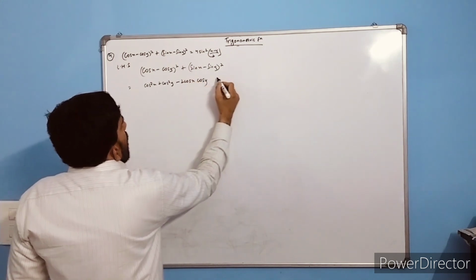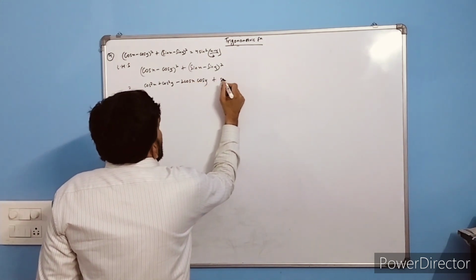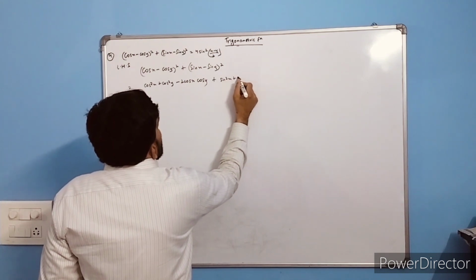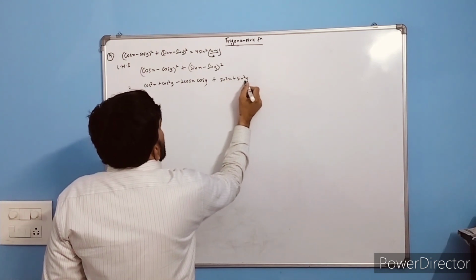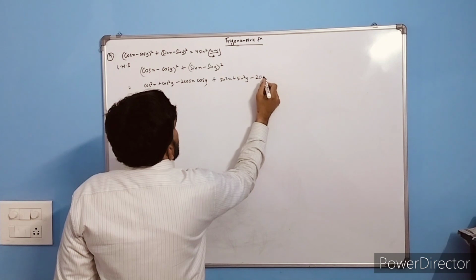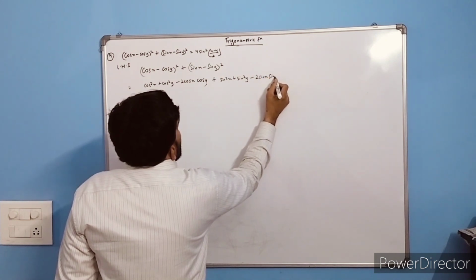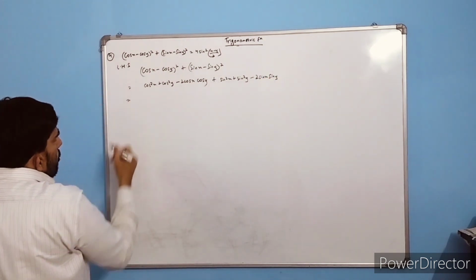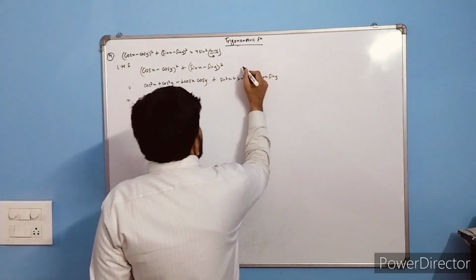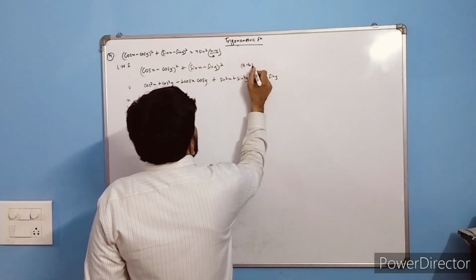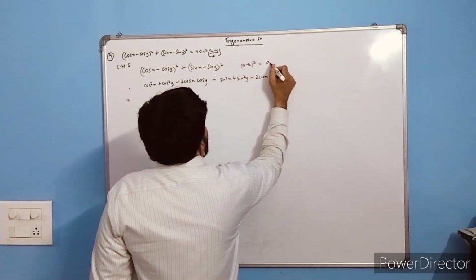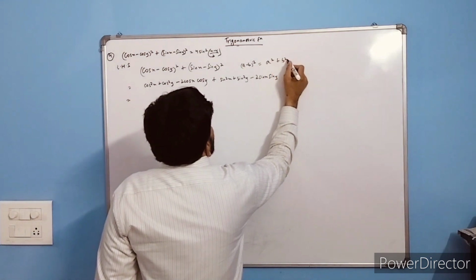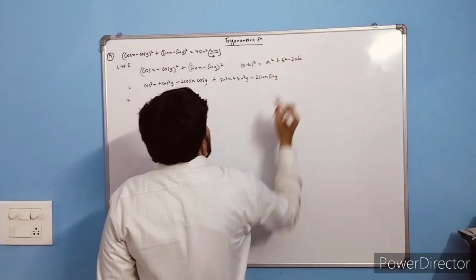Similarly here, a square plus b square minus 2ab. So we have used here one identity, that is (a minus b) whole square, that is a square plus b square minus 2ab.